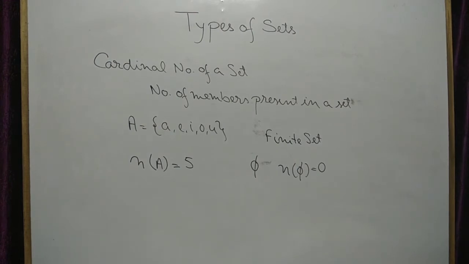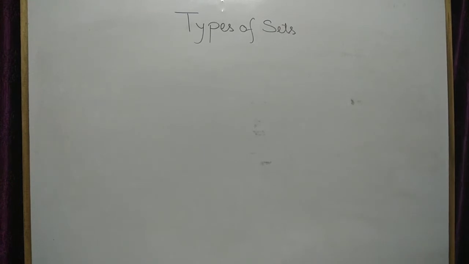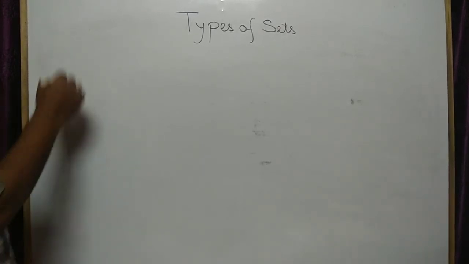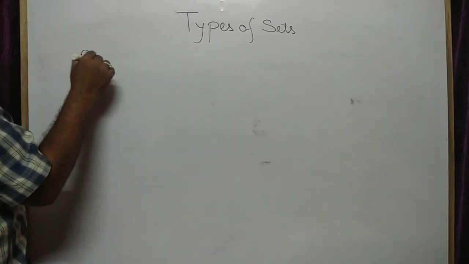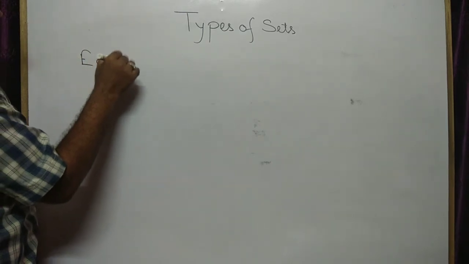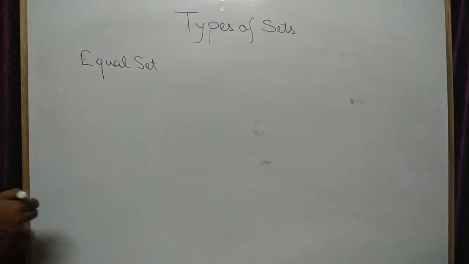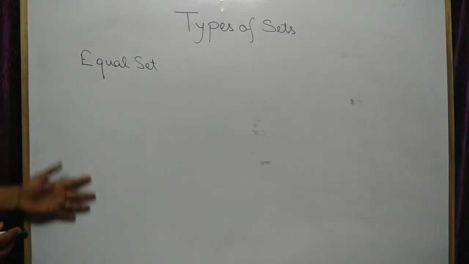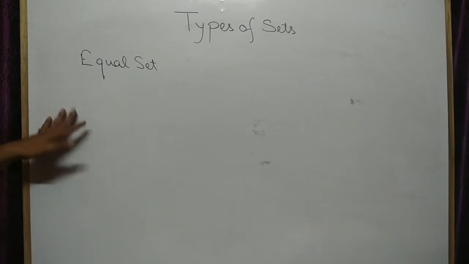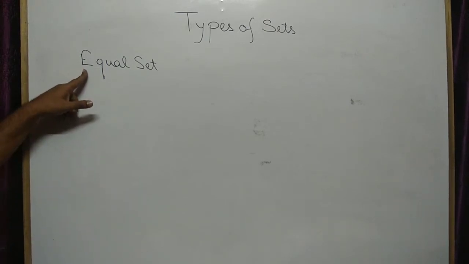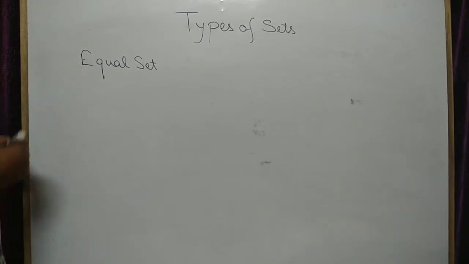Move to the next type of sets. These are generally comparing two sets. The previous sets we discussed were about the number of members. What we are going to discuss right now is about comparing sets. So our next topic is equal sets.